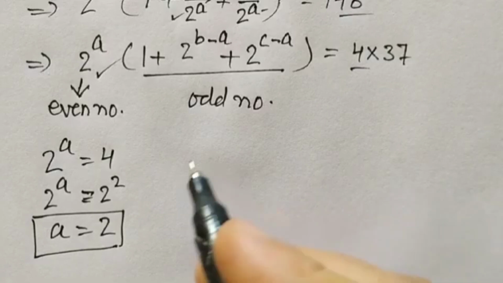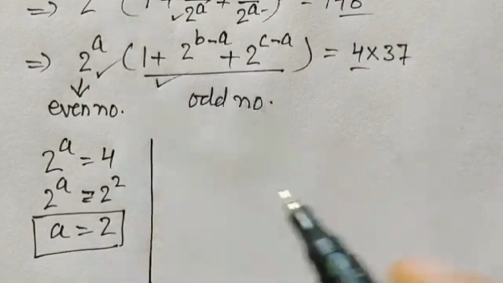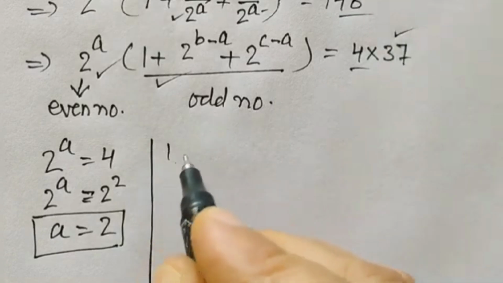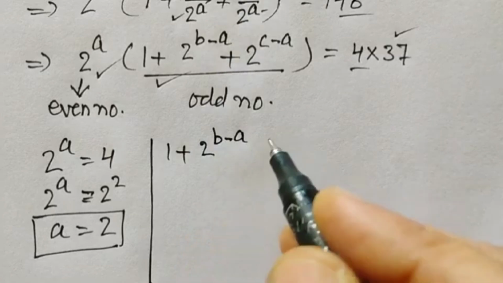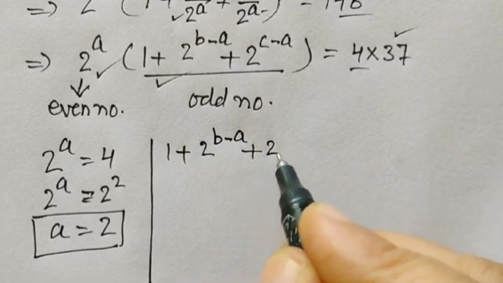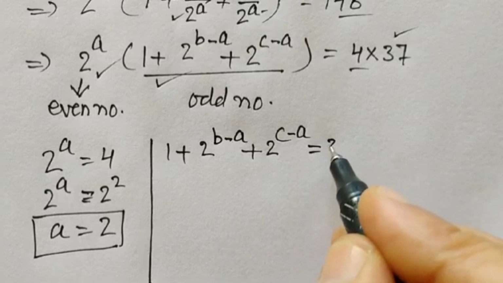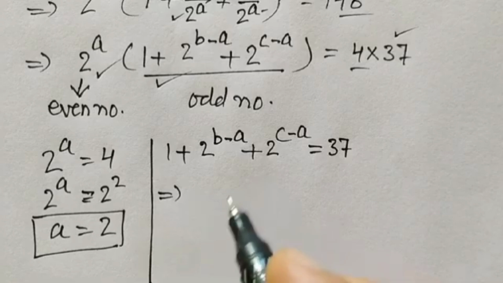Now the odd number 1 + 2^(b-a) + 2^(c-a) is equal to 37.